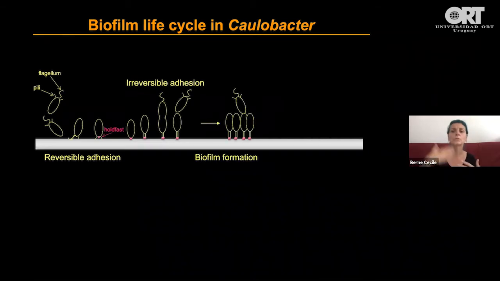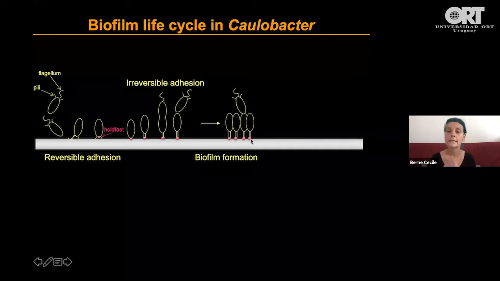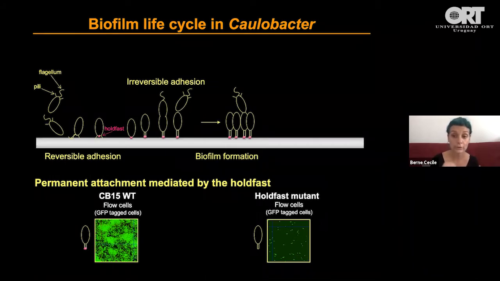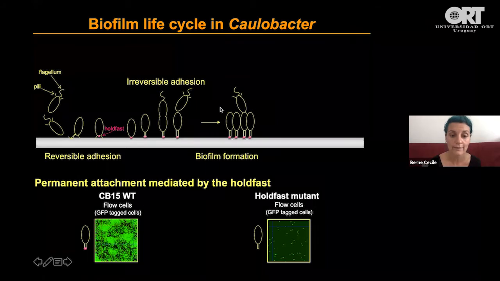Then when you do that multiple times, you will start to have a biofilm form with just single cells attached to the surface, just thanks to these adhesins. Here we don't have a matrix, we don't have any complex cover on the biofilm. And before I continue, I want to stress that the only way for Caulobacter to make biofilm is thanks to the holdfast.